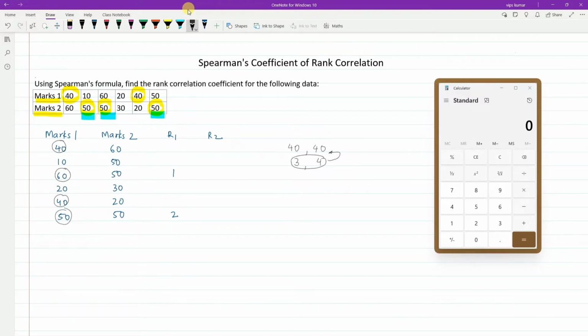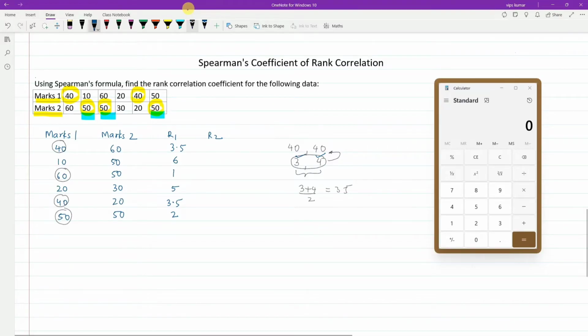In such cases we need to assign the average rank. So the average is going to be 3 plus 4 upon 2, which is 3.5. So we are going to assign both the 40s rank 3.5. So this is 3.5 and 3.5. Now we are done with rank 3 and rank 4. Now the next higher value is 20, so that will be assigned rank 5. The last is 10. That will be assigned rank 6.